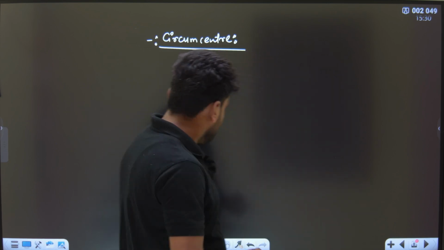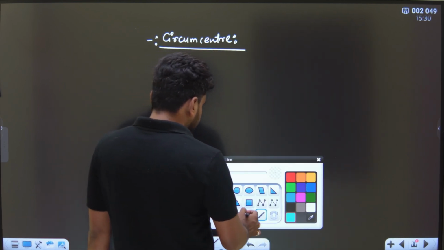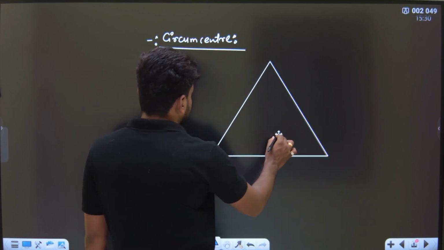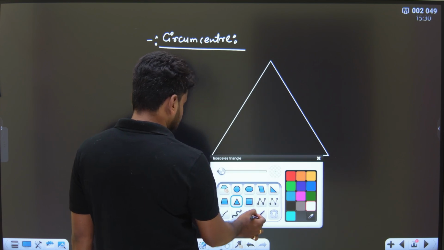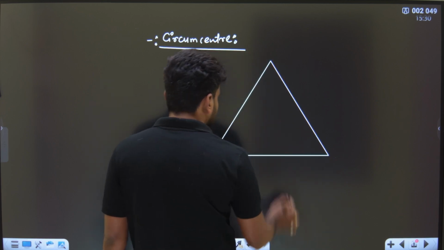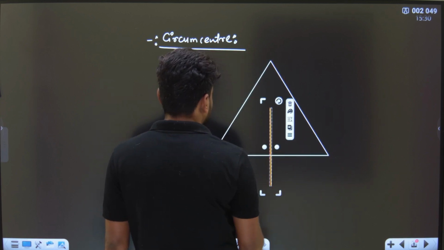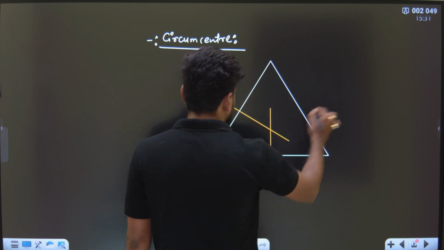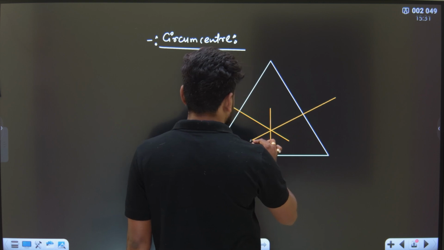Where the perpendicular bisectors meet each other, that point of intersection is known as the circumcenter. Suppose this is our perpendicular bisector and this is our perpendicular bisector and this is your third perpendicular bisector. Understand?